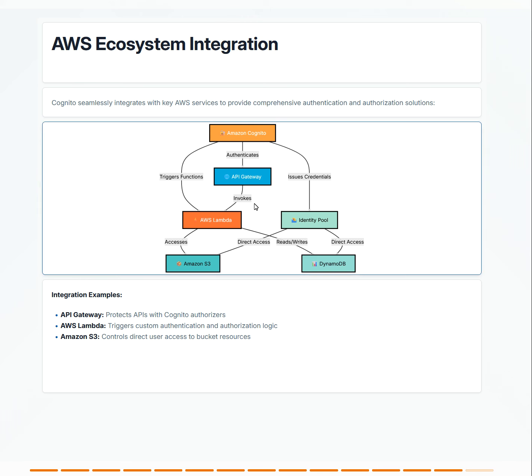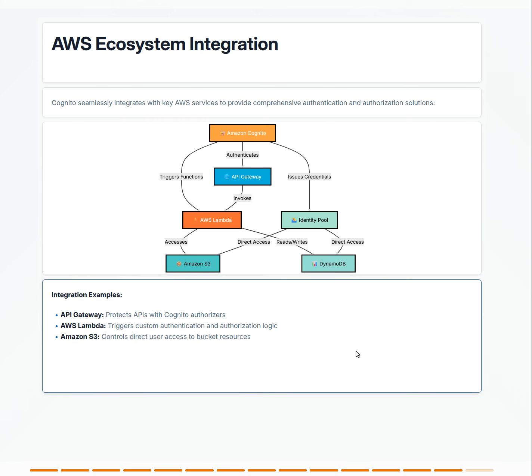That is authenticate, and then issue credentials through identity pools, or you can do it with Amazon Lambda. Amazon Lambda gives you access to DynamoDB, or through Lambda to S3. That is how authentication and authorization logic works.